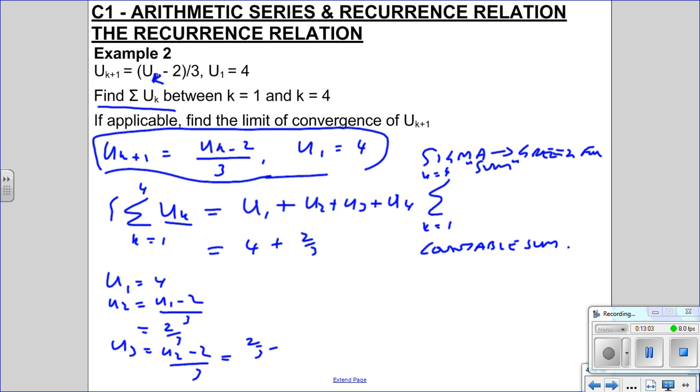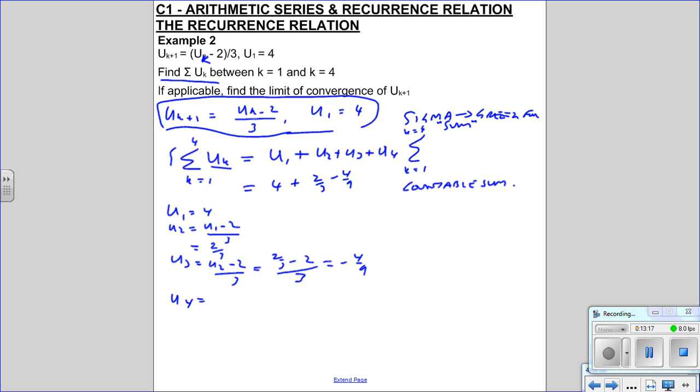So 2/3 minus 2 over 3, which is minus 4 over 9. And u4 finally is u3, take 2 over 3. So minus 4 over 9, minus 2 divided by 3. So minus 22 over 27.